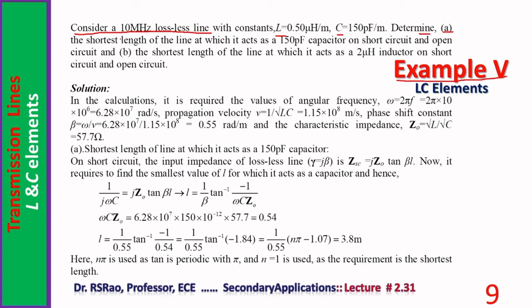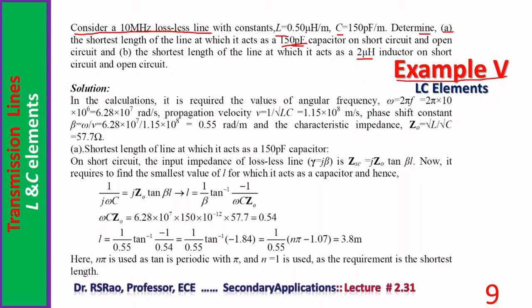Determine A, the shortest length of the line at which it acts as a 150 picofarad capacitor on short circuit and then on open circuit. B, the shortest length of line at which it acts as a 2 microhenry inductor on short circuit and also on open circuit. This is the problem.